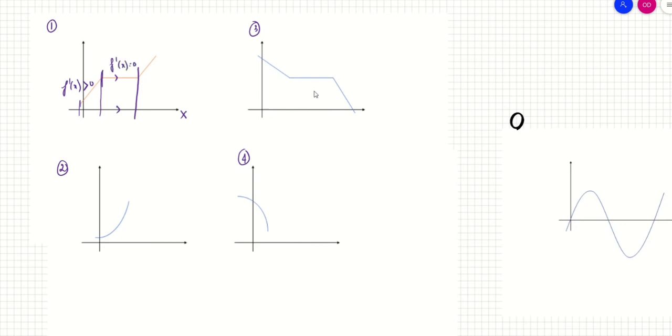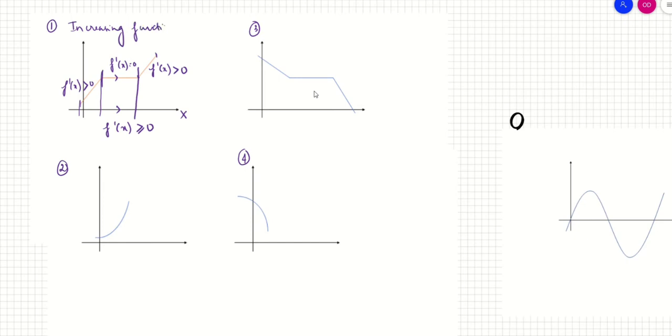That means the function attains a constant value in this interval. Now after this, from here to here, again it is an increasing function. So f dash of x is greater than 0. To put it together, we have f dash of x greater than or equal to 0 for this function. So the first graph is an example of an increasing function.